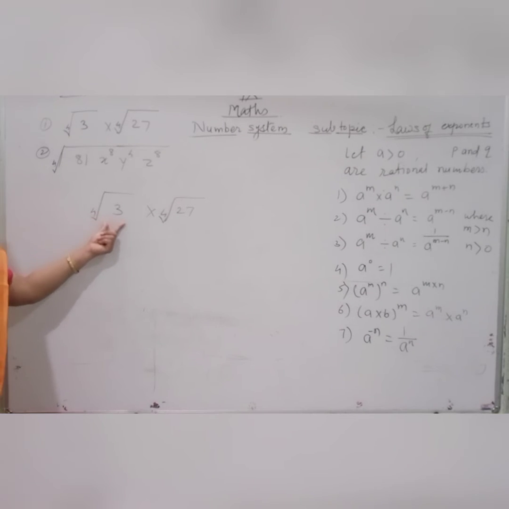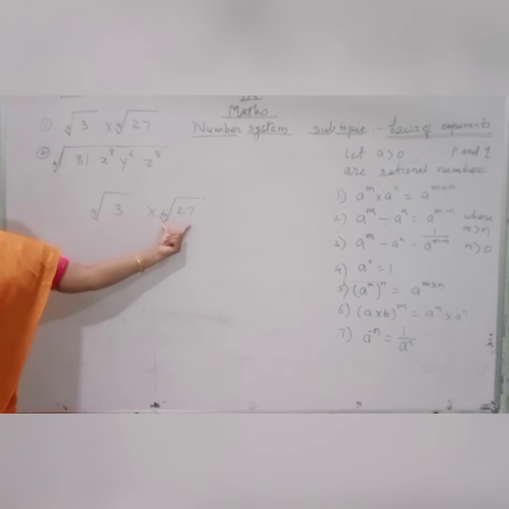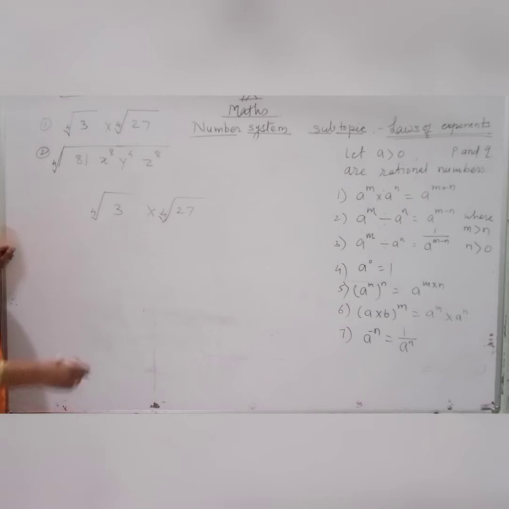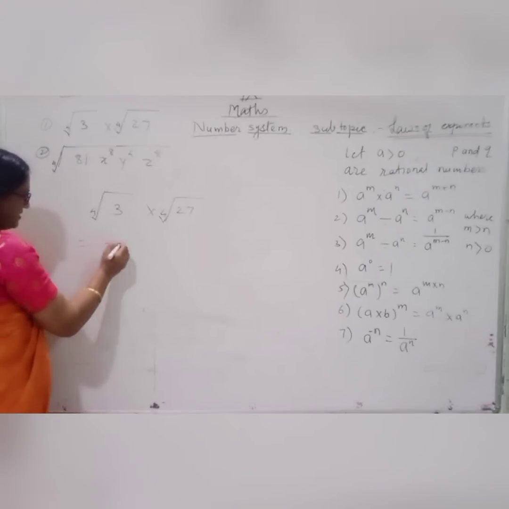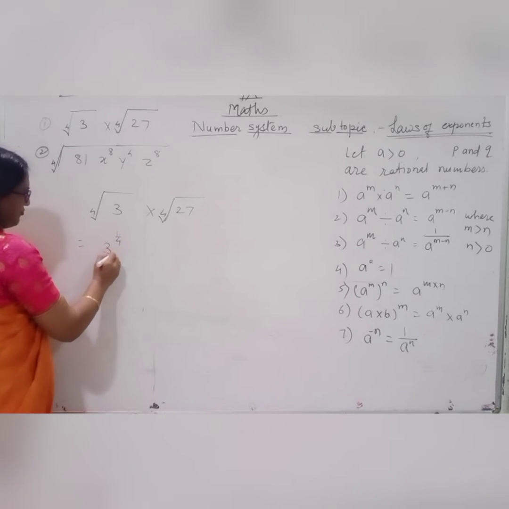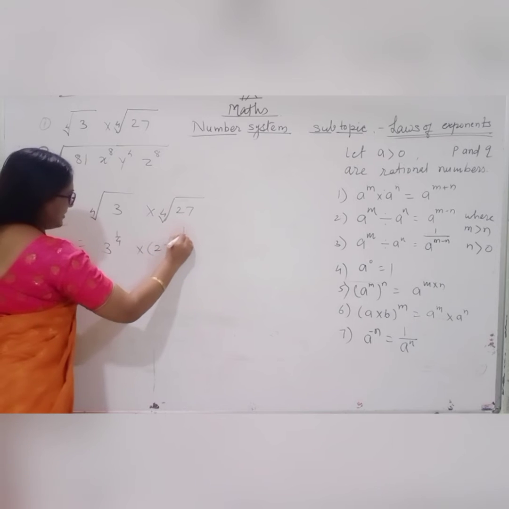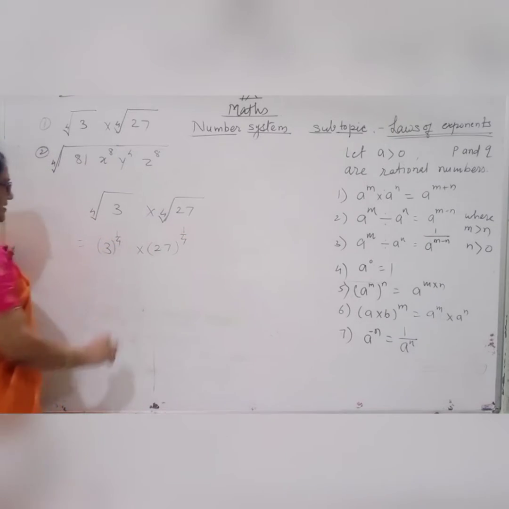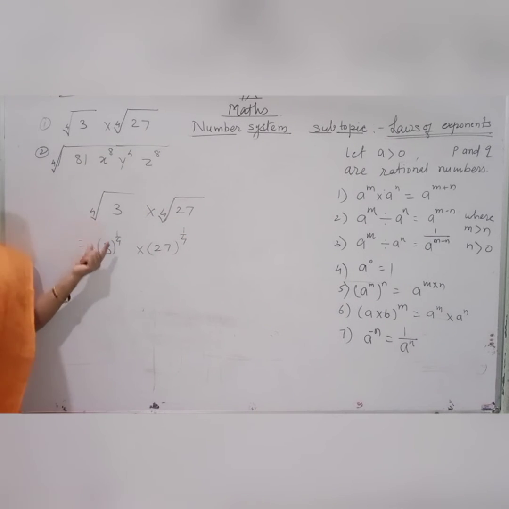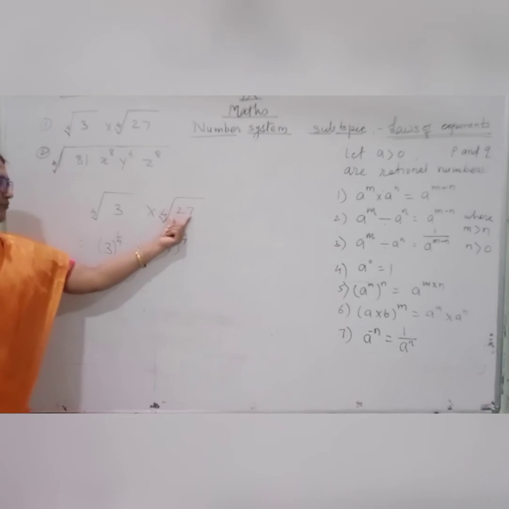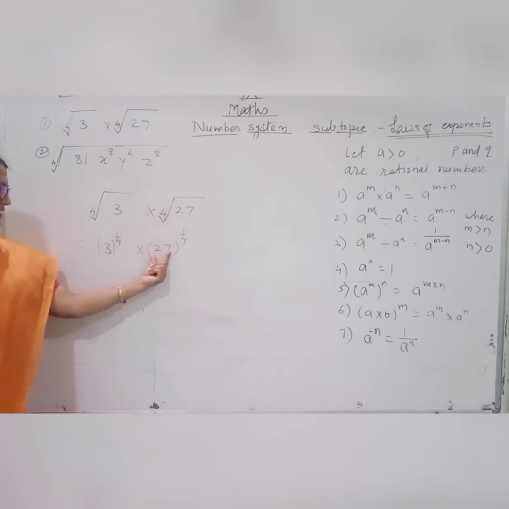We can write this number like this: 3 raised to the power 1 upon 4 multiplied by 27 raised to the power 1 upon 4. इसका मतलब एक ही तो हुआ ना, 4th root, यानी power is 1 upon 4. 4th root of 27 means the power of 27 is 1 upon 4.